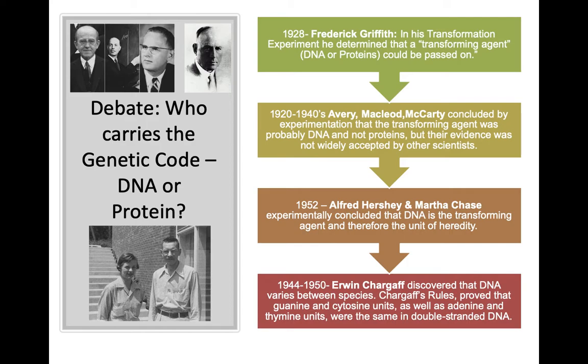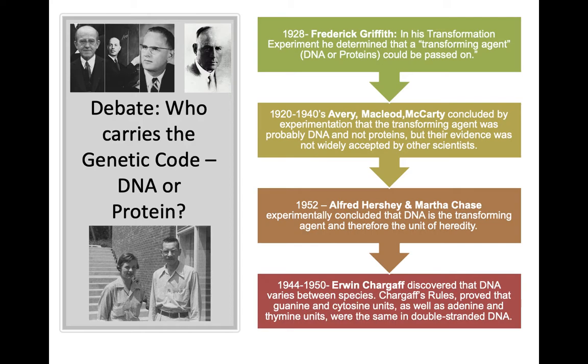So he wanted to know if the transforming agent was DNA or proteins. He wasn't able to determine what it was, but he is given credit with determining that indeed there was a transforming agent passing on genetic information from parent to offspring.